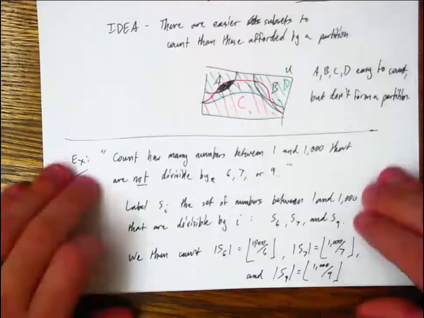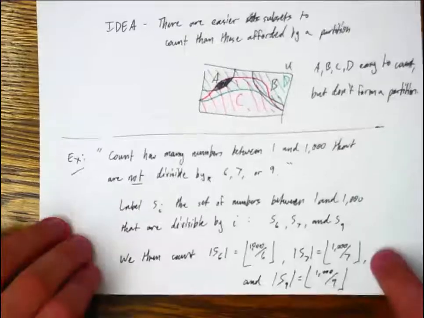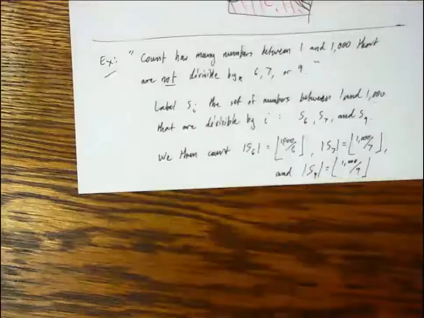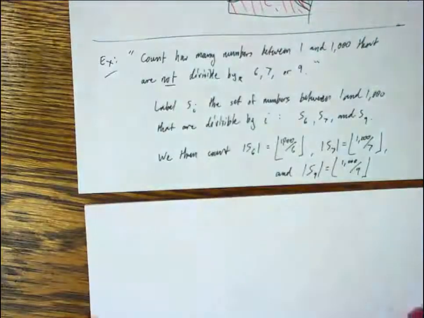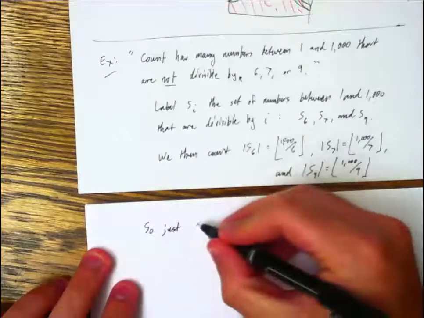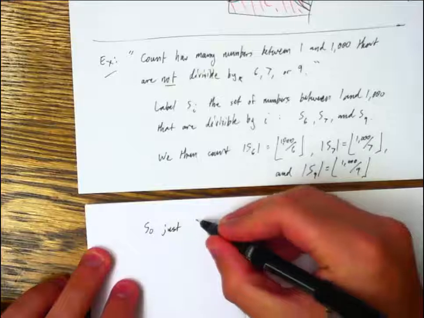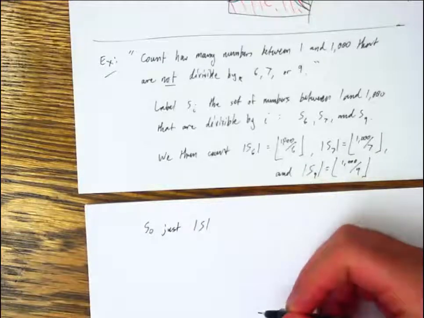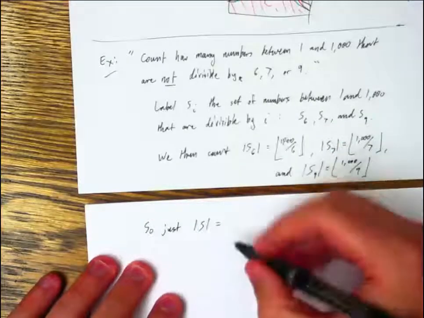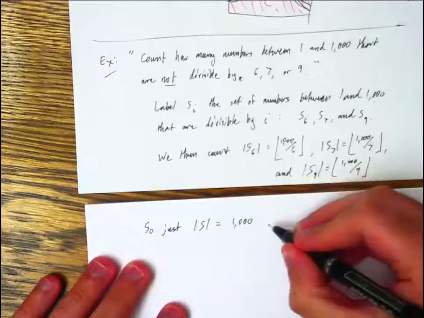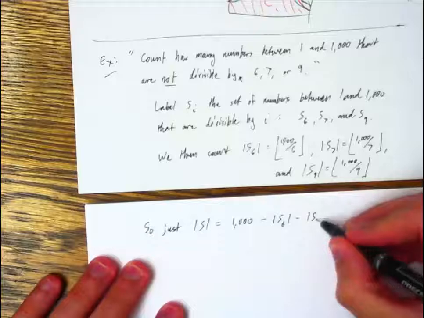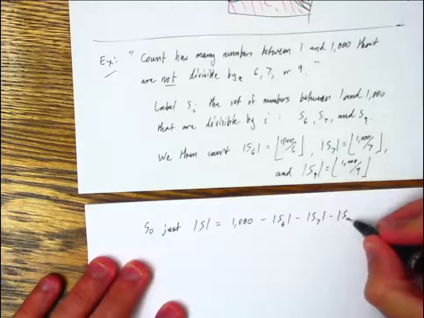All right. So if we want all the numbers that are not divisible by any of these, in other words, we're not in any of these sets, take everything in S, all 1,000 numbers that we could use, and subtract out the ones that are divisible by 6, the ones that are divisible by 7, and the ones that are divisible by 9.